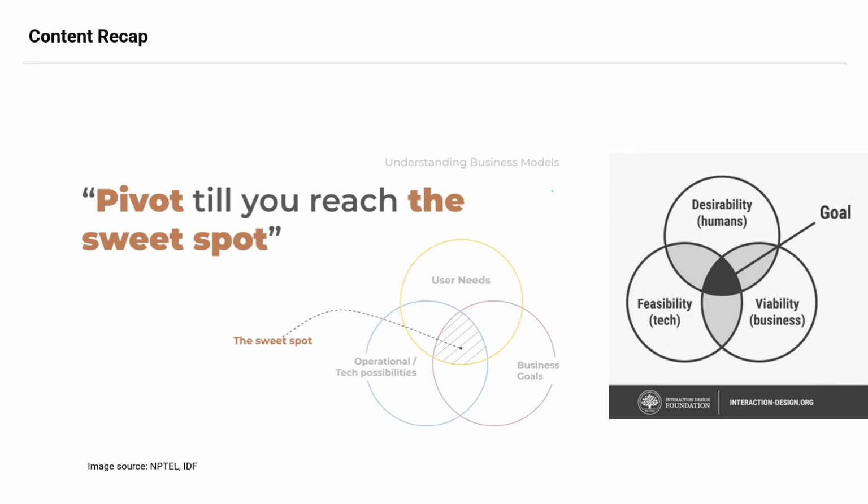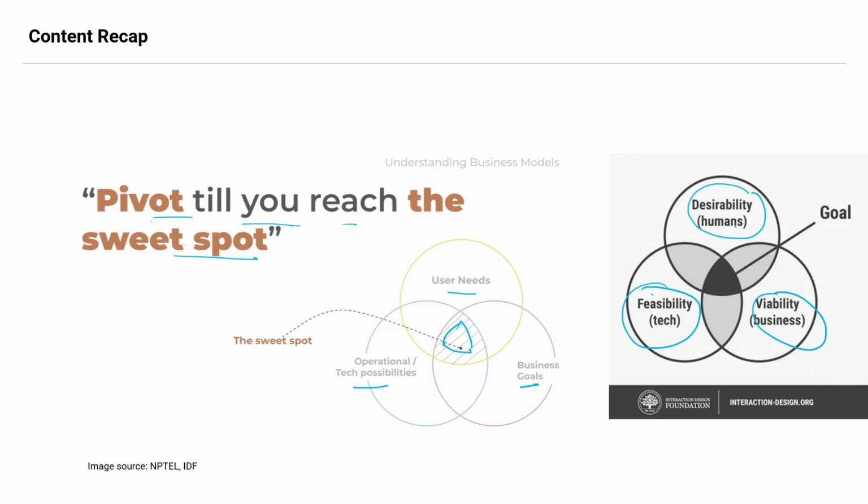Let's see the screen validation. So it says pivot till you reach the sweet spot, and the sweet spot is something which is at the intersection of three things, which is user needs, business goals, and operational possibilities, which is basically desirability, viability, and feasibility.